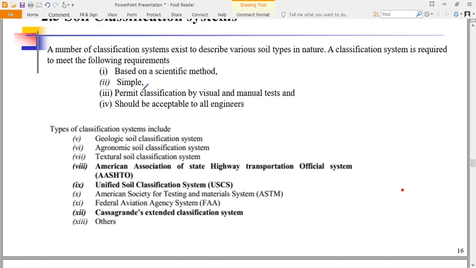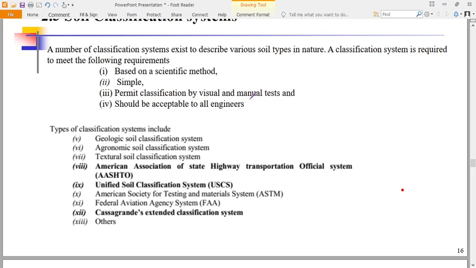This system must be based on a scientific method, should be simple, and permit classification by visual and manual test. A manual test is one that lets you identify soil manually. For instance, a fine-grained soil which has some plasticity, with some significant clay minerals such as kaolinite or montmorillonite, can be molded.